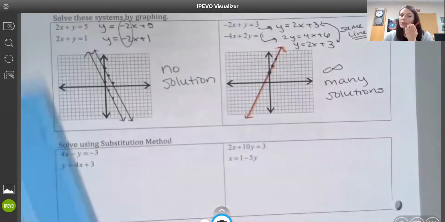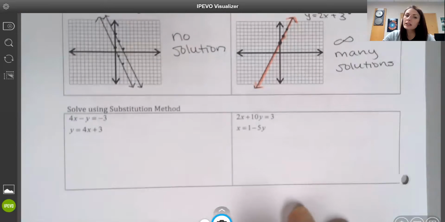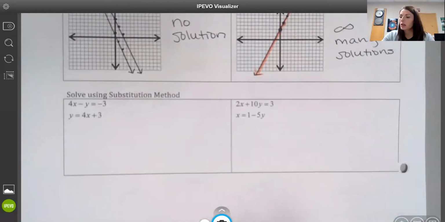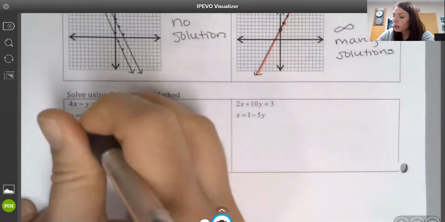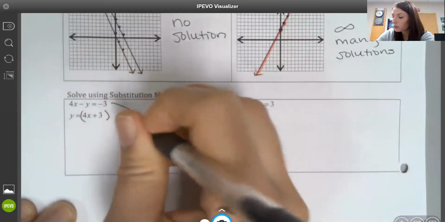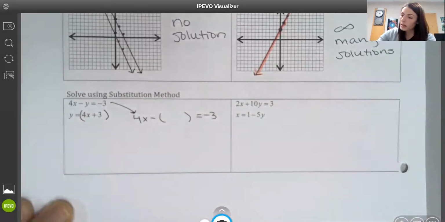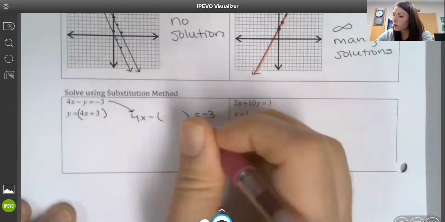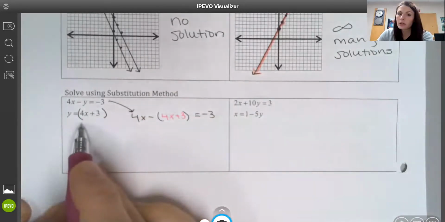So graphically, it's really easy to see when I have a special case. Algebraically, it's not quite as simple. So here we're going to solve using the substitution method. I already have a y equals here. So I'm going to take my other equation, and where y is in 4x minus y, I'm going to substitute in what y is equal to.